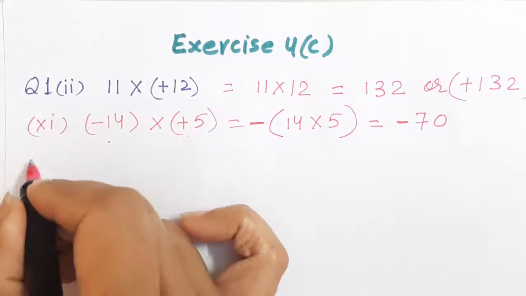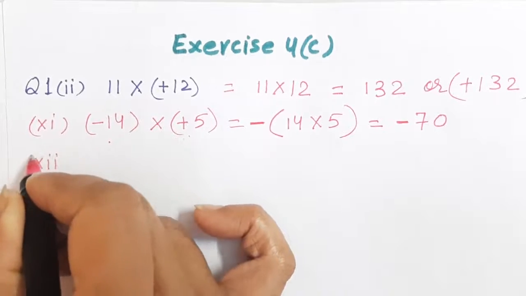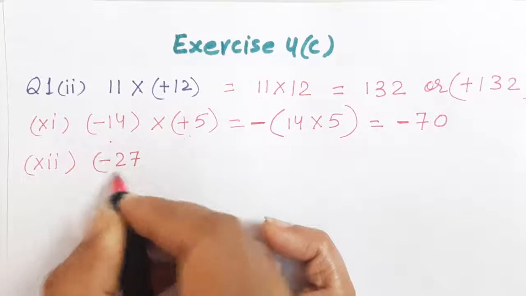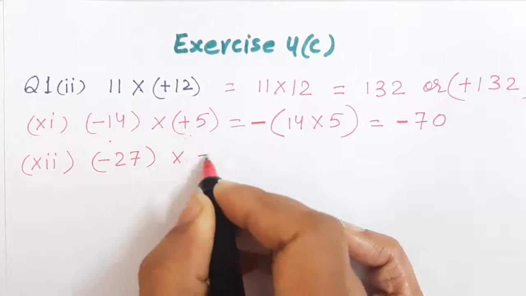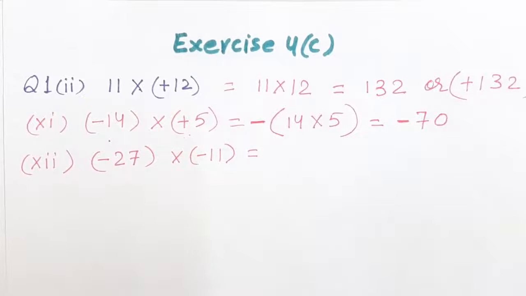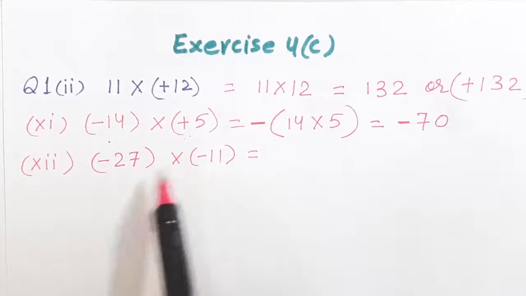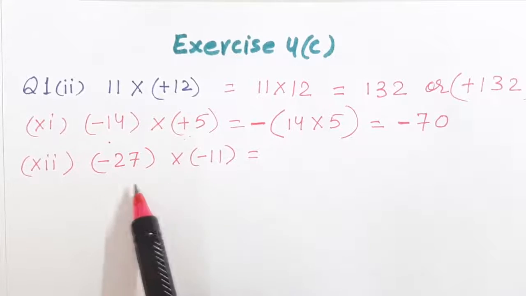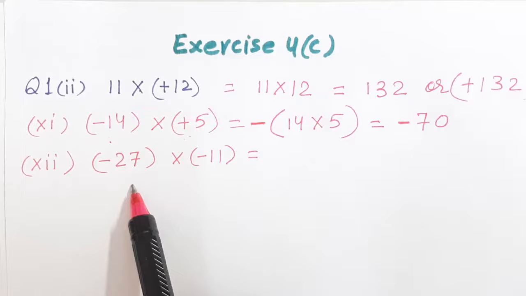I hope you all have understood. Now see the 12th part. In the 12th part, we have minus 27 multiplied by minus 11. Now children, you can see both the numbers are negative, so they both are of same sign.